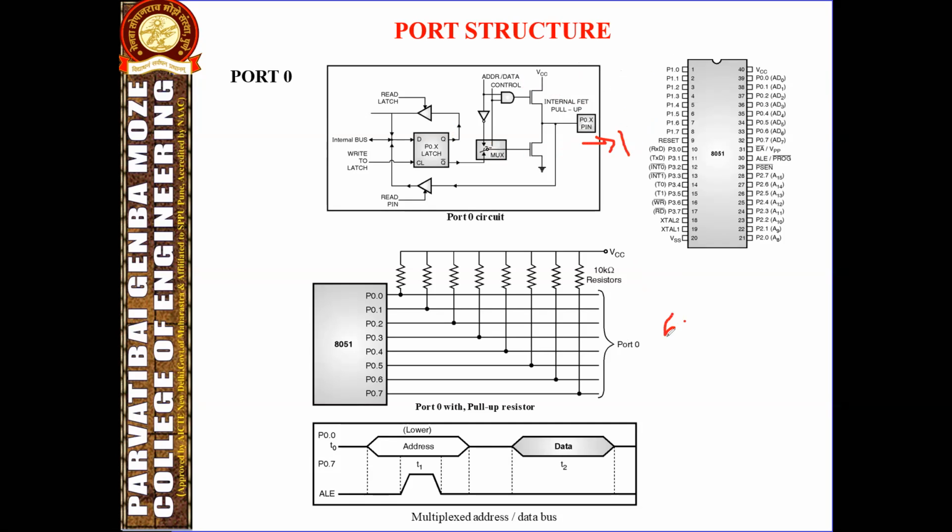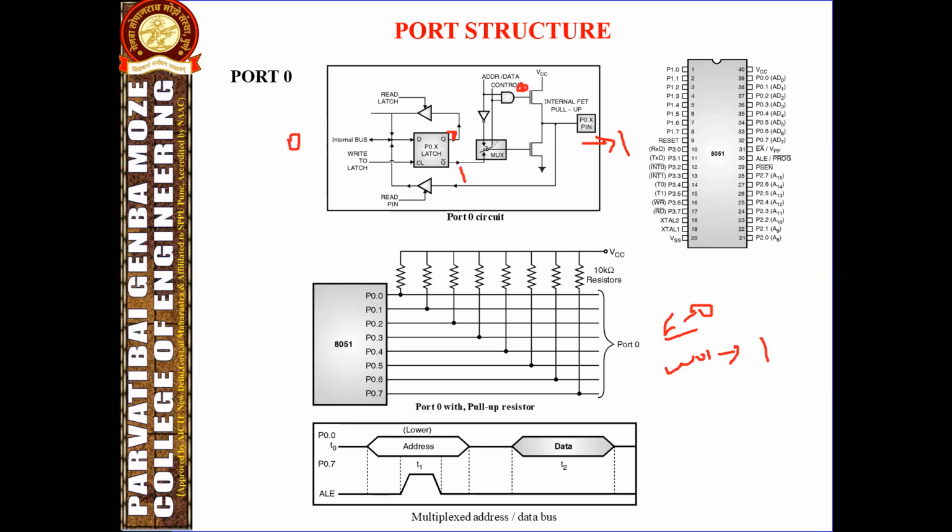When C is equal to 0, for write operation a high signal should be provided. For read operation, a 0 will be provided to this internal bus. The output becomes 0. Then the complemented output of the D flip-flop will become 1. Similarly, this is 0. The control signal will be kept 0.